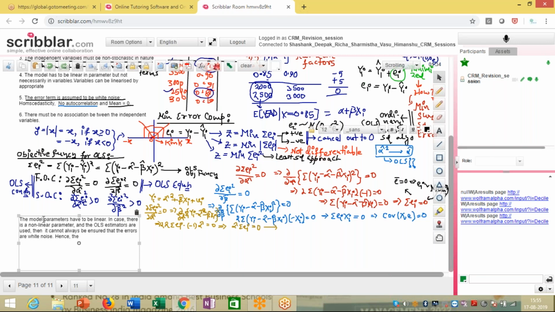Hence, the resulting estimator will not be an unbiased estimate. It may not be the best estimate.